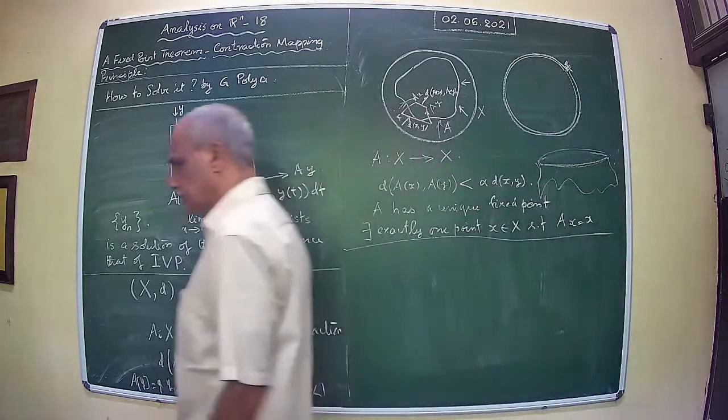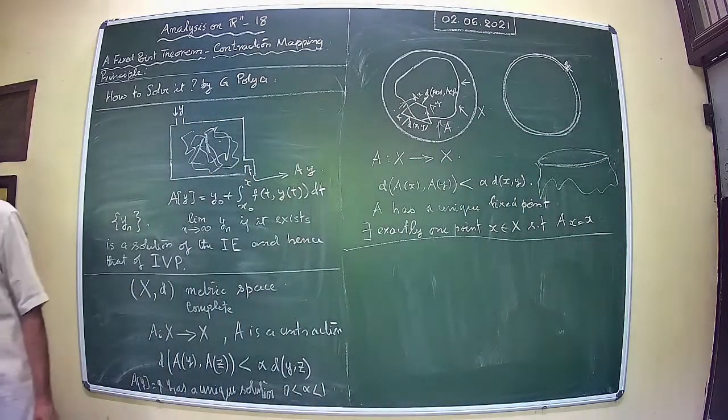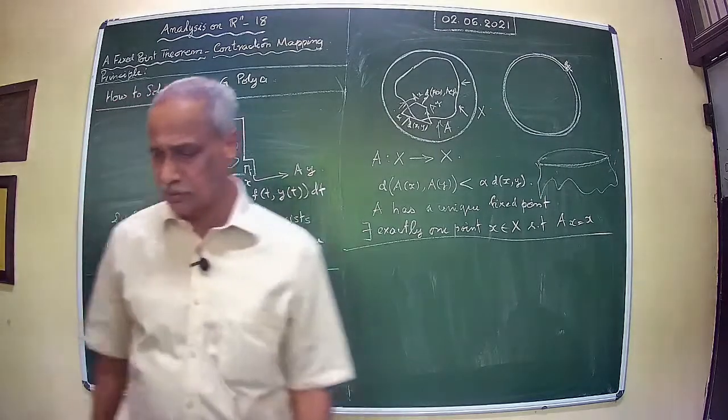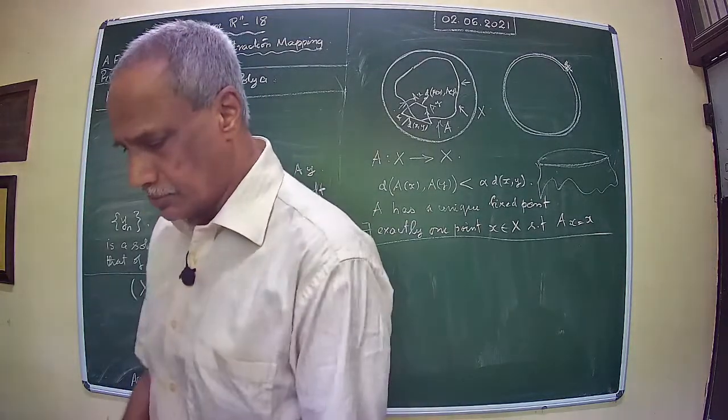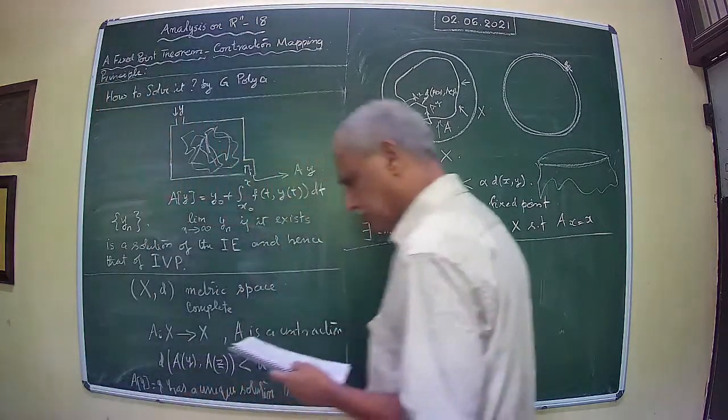So under the assumption of contraction, there is a unique fixed point. So this is the theorem that we are going to state, and I will suggest the proof of this.